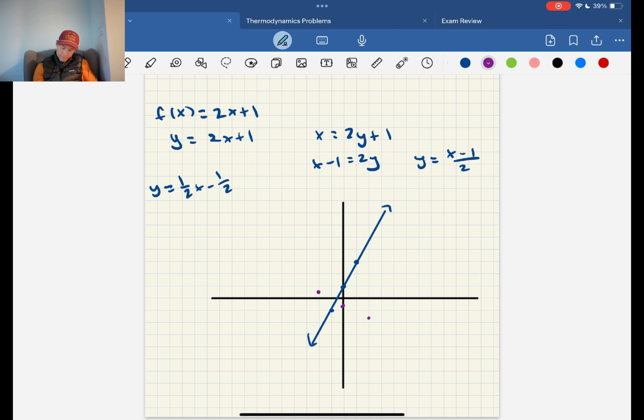So there's that function. Now if you notice, these two functions are exact reflections of each other across the line y equals x.